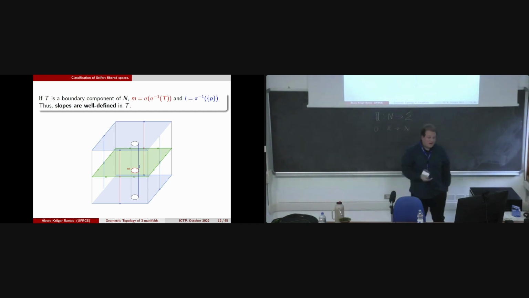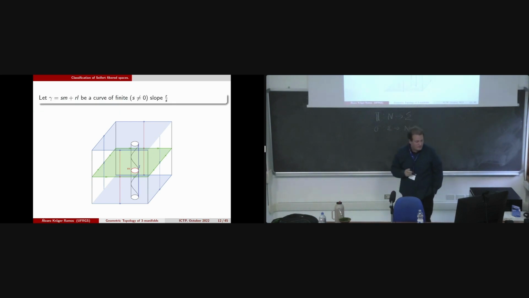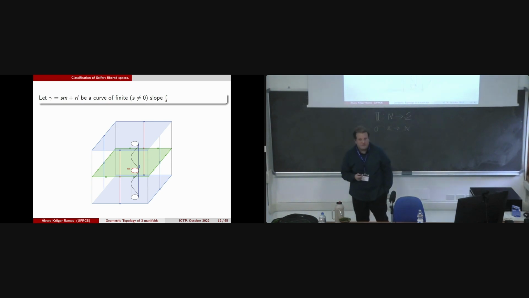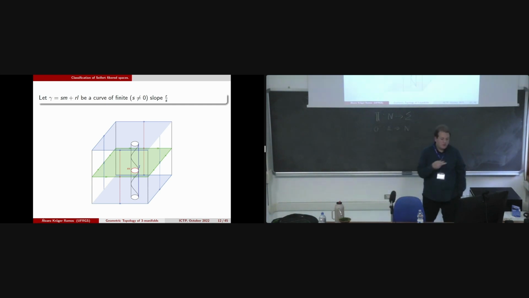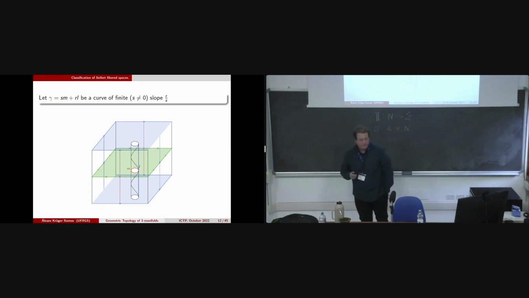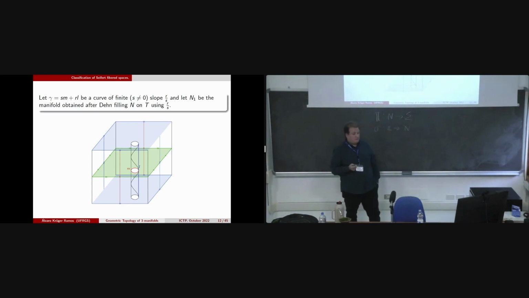Okay, so slopes are well-defined in this boundary component, and they are well-defined in any boundary component. In our example, this might be harder to make in other abstract manifolds. And now you choose your slope, and you don't want this slope to be infinite. The infinite slope here will be the curve L. So you just don't want L to be the curve that you will kill in homology. And you do the Dehn filling using this curve.